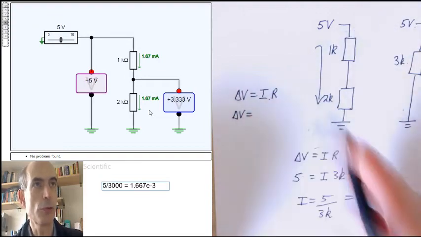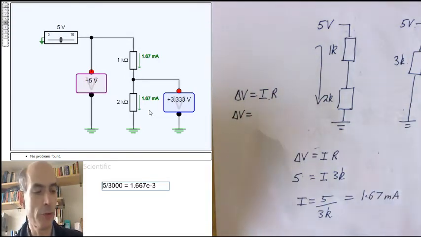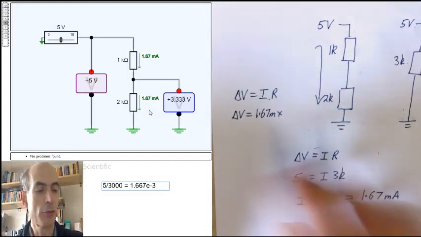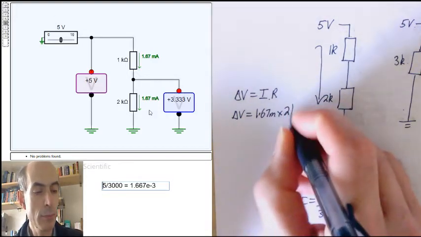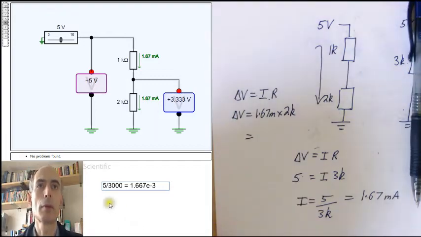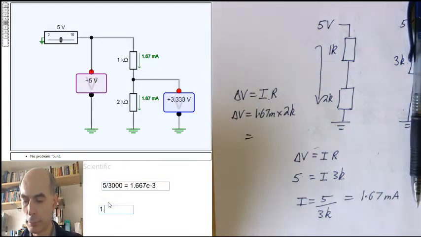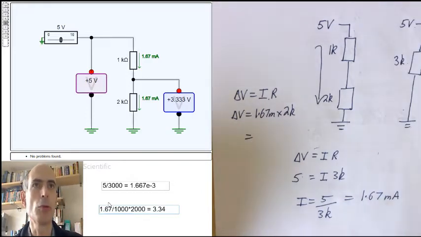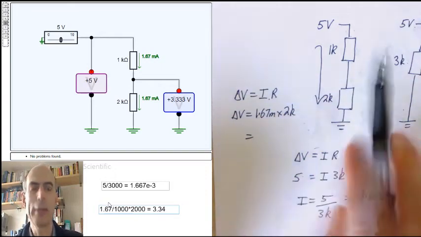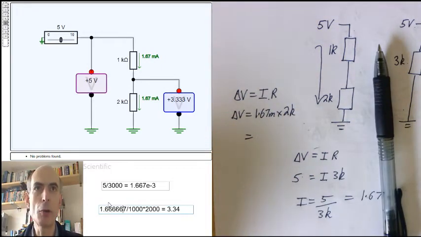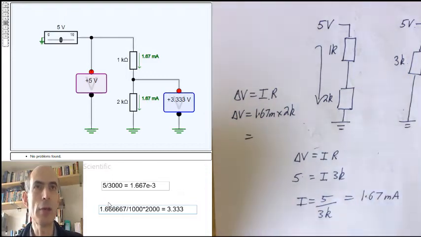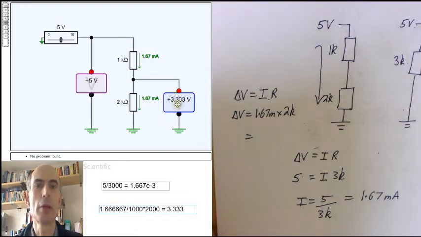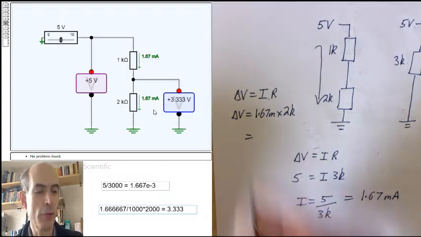Delta V equals the current flowing through it, 1.67 milliamps, divided by 1,000 because it's milliamps, multiplied by 2,000, 2K, equals 3.34 volts. If I worked this out a little more accurately, I would get the exact value that the voltmeter is showing in the simulation, 3.333 volts.